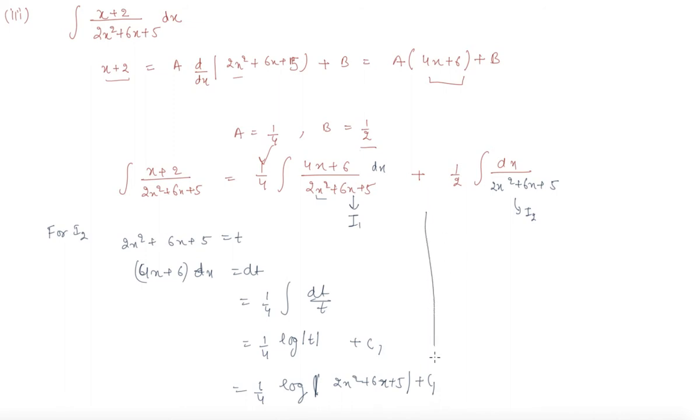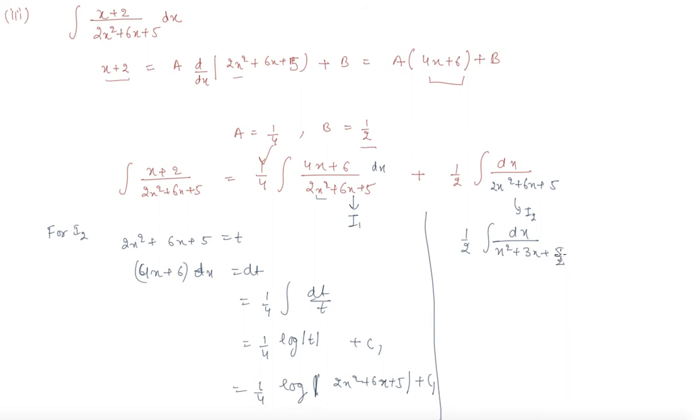And now to solve I2, I need to use the other formula. I need to make it x square plus a square type expression in the denominator. So can I write this as dx over x square plus 3x plus 5 by 2?